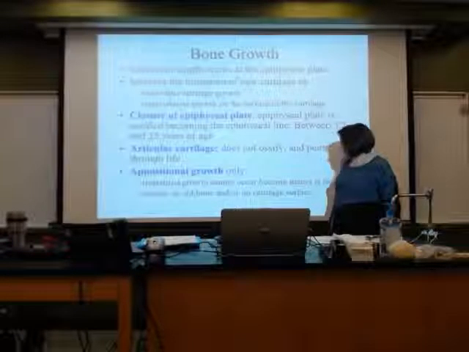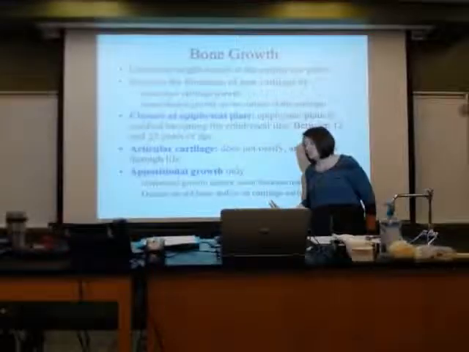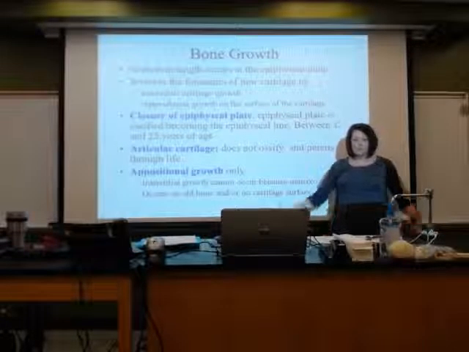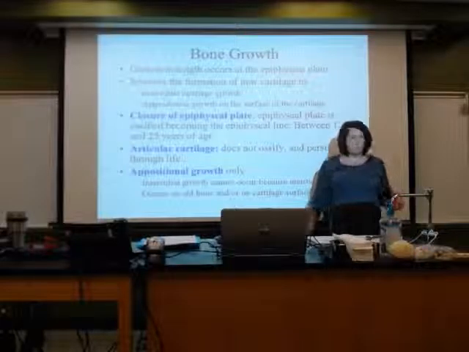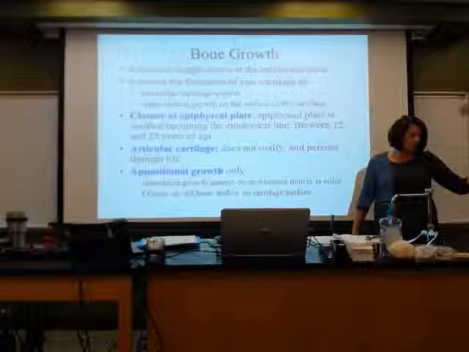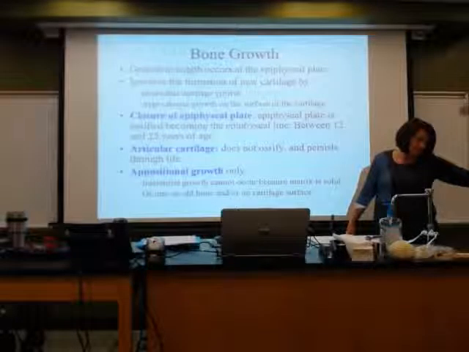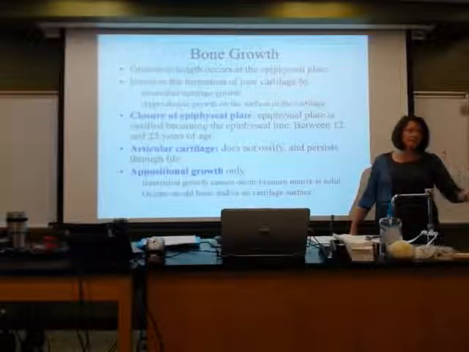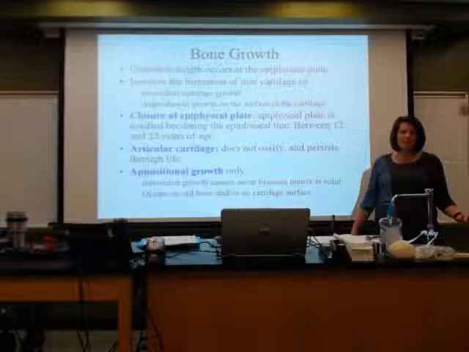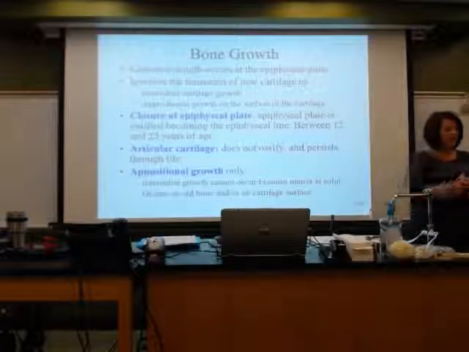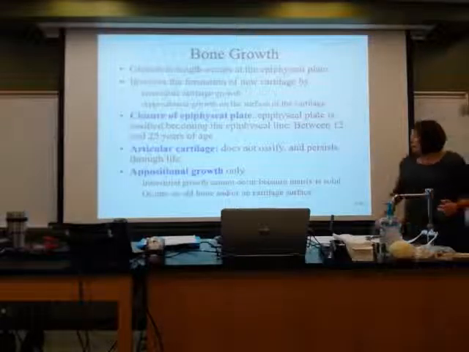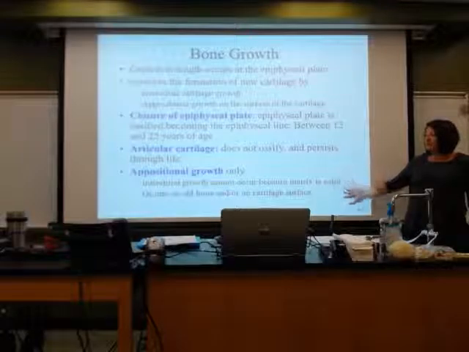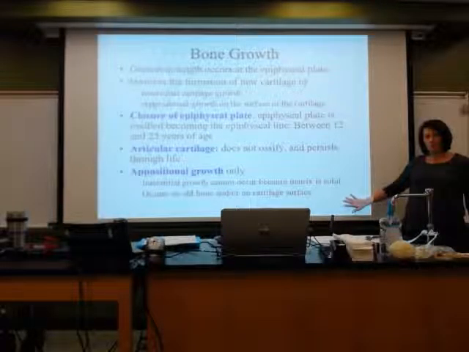Now, appositional growth. Let's make that bone wider. Because we can't simply have what the little baby has and keep it that way and expect it to support us as an adult. So we need the bone to grow this direction also. So, appositional growth.